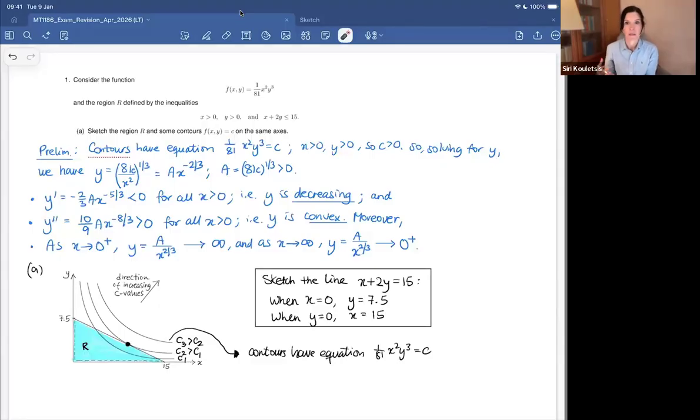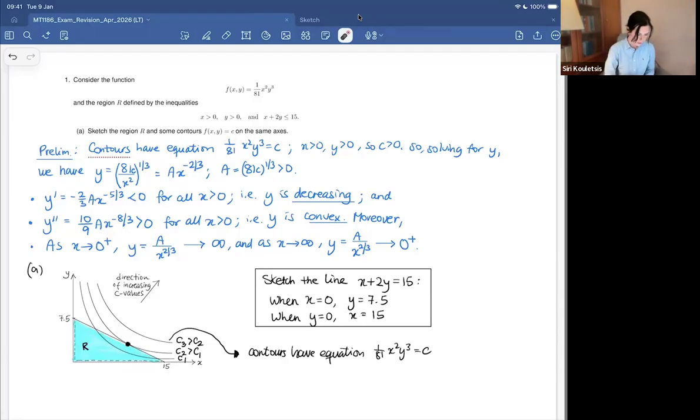It both helps us to justify that the Lagrangian method can be applied, as we answered in part B, but also by seeing here, we've put the direction of increasing C values here, and we see that these values increase as we go in this direction.